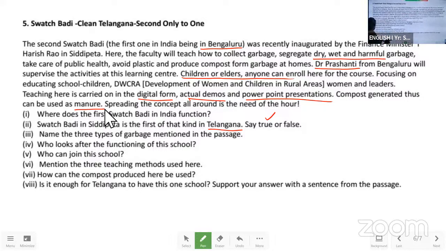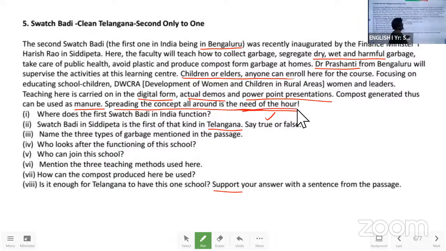And the last question, is it enough for Telangana to have this one school? Support your answer. When they say support your answer, you have to find the answer in the passage. Telangana is a big state. Do you think one school is sufficient? It isn't. Spreading the concept all around is the need of the hour.